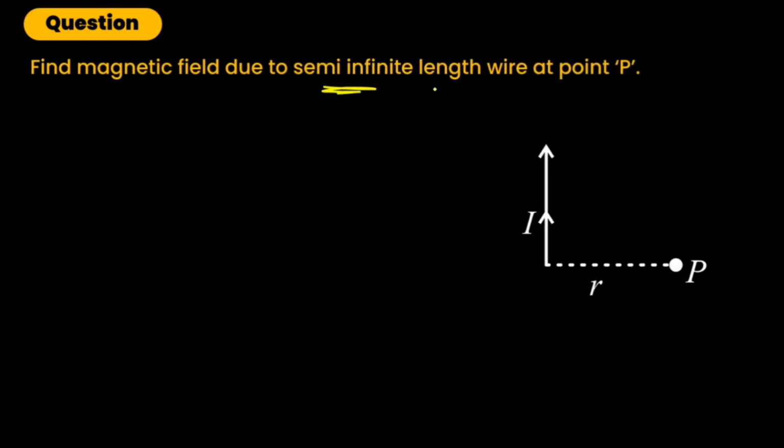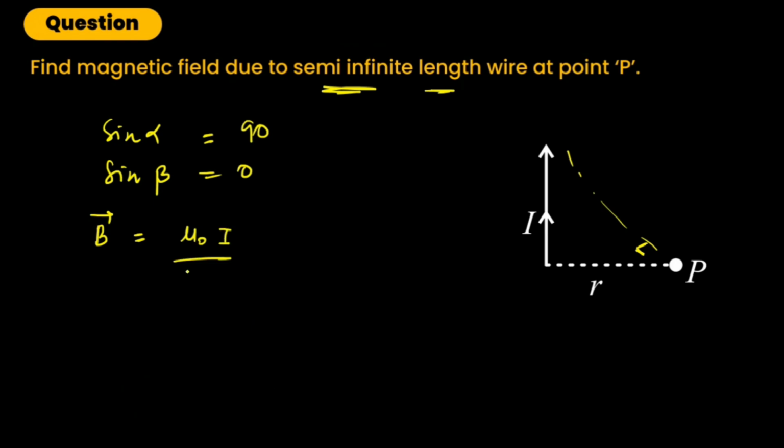Now, for a semi-infinite wire, again we have to find out the value of sine alpha and sine beta. For a semi-infinite wire, one angle is going to be 90 degrees, but what about the other angle? It is going to be 0 degrees. So the magnitude of magnetic field is going to be mu naught I by 4 pi A into sine 90 plus sine 0.